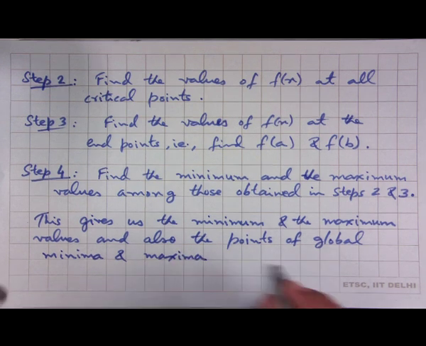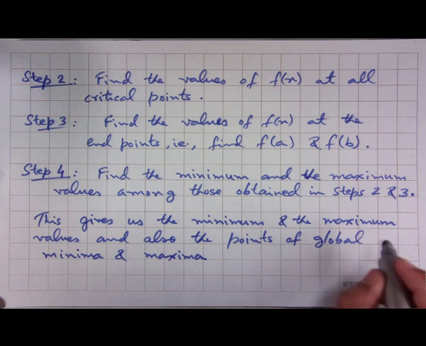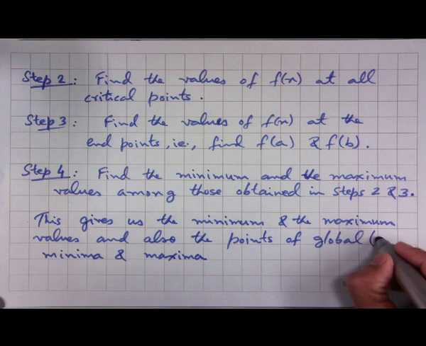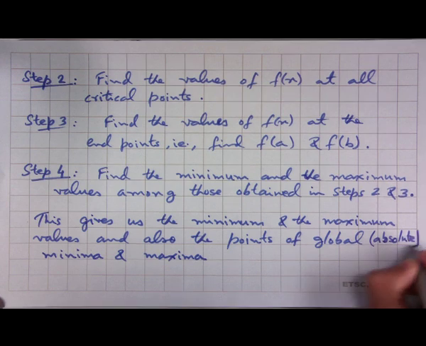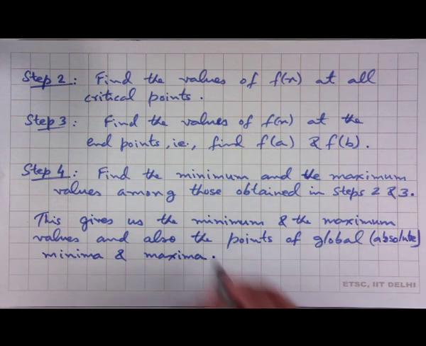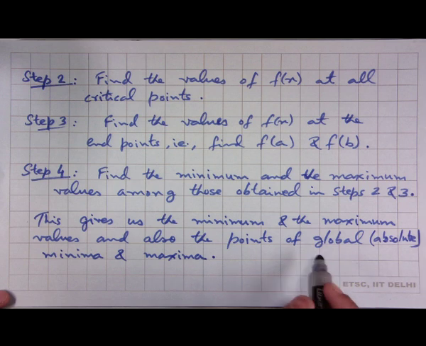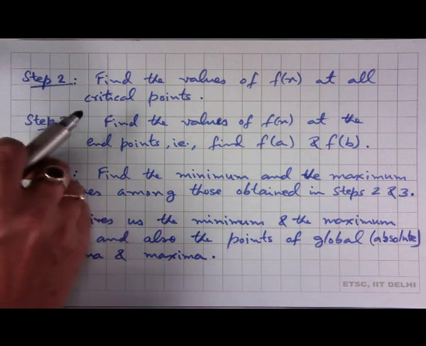That is the point where this minimum value and maximum value are obtained. This global, or this is also called absolute minima and maxima. This is to differentiate from the concept of local minima and local maxima that we discussed before.